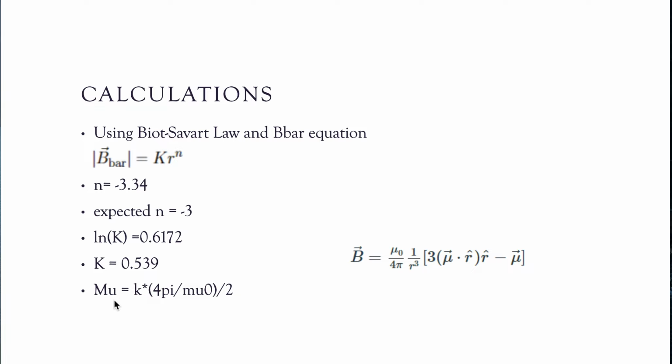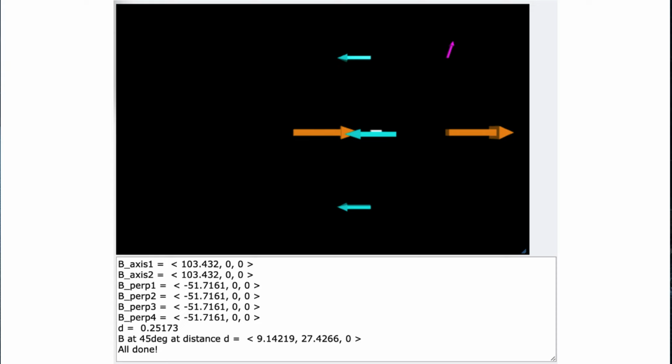And using that value of k, we were able to find mu and use it in our code to find the position and the magnitude of force of each arrow that we will be seeing right about now. So using everything that we learned from the previous slide, we were able to find the magnetic field in each direction.